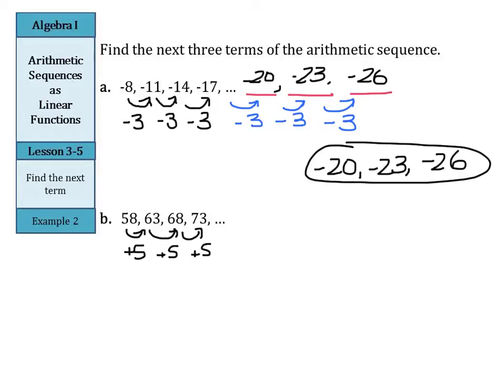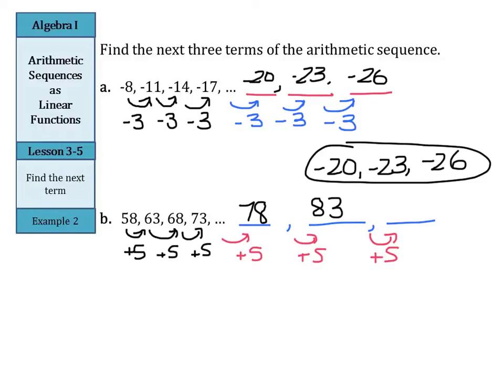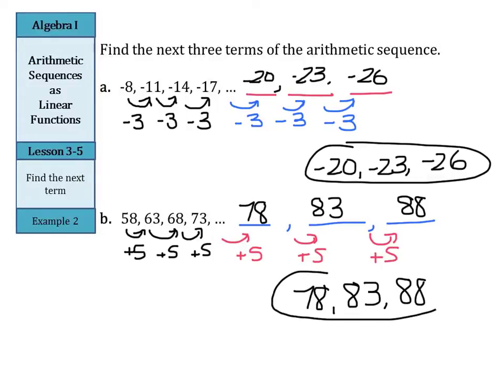So once again, we can assume that for our next 3 terms, we're going to increase by 5, increase by 5, and increase by 5, which leads us to 78, and 78 plus 5 is 83. 83 plus 5 is 88, and those are our next 3 terms, 78, 83, and 88. So again, once we're told that this is an arithmetic sequence, look for the common differences and continue that for the next terms of the pattern.